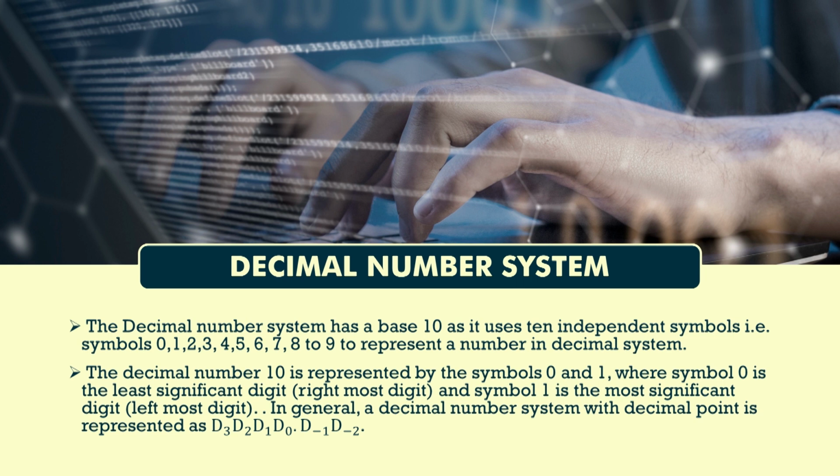In general, a decimal number with a decimal point is represented as D3, D2, D1, D0, that is the integer part of the decimal system, and thereafter there is a decimal point, and after that the fractional part is denoted as D minus 1, D minus 2.